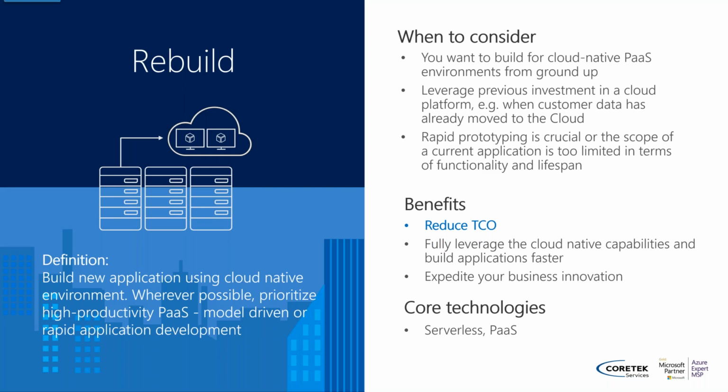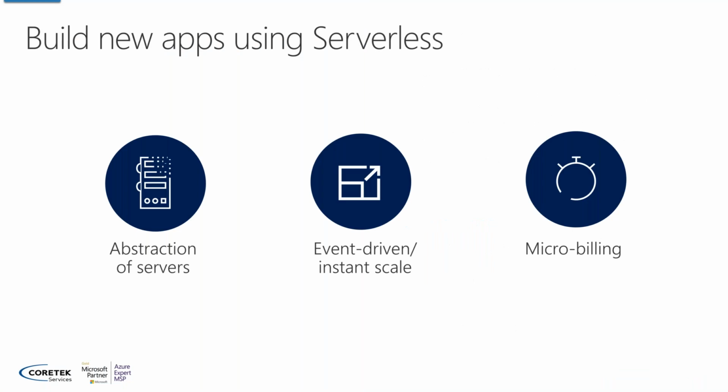Cost optimization. This can significantly reduce your TCO because you are really taking advantage of things that are serverless, which is what you're going to hear here. A lot less cost because they're event-driven in a lot of ways. The idea is that you abstract away from what is even a server at this point.